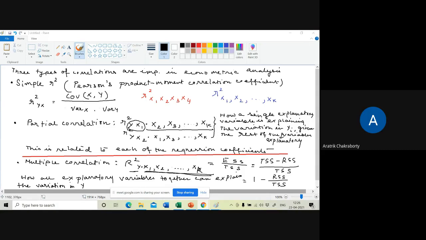Ma'am, the adjusted multiple R square is only required in a model with more than one explanatory variable, right? Yes. When you get the Excel output, you will get both capital R square and R bar square, because in case of software, we write a single program.